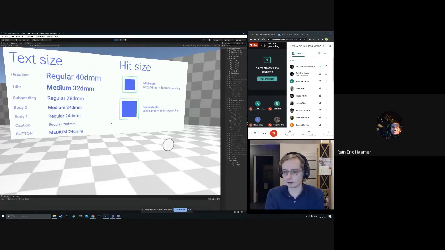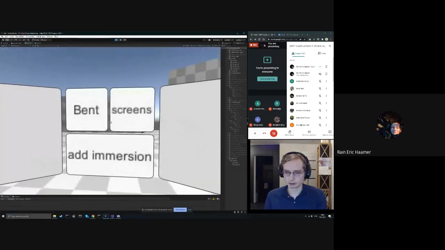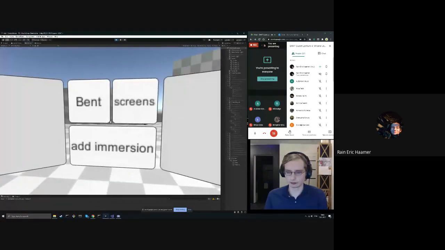You can have them curved, and you can also have them bent, so that you have several screens where you have information, and each of them might be slightly bent towards the user or bent away from the user, all conveying some sort of information. And if they're bent, they can cover more of the screen space and be more natural for the user to follow along. Because if they're not bent, then things start skewing the further away they get from the user.